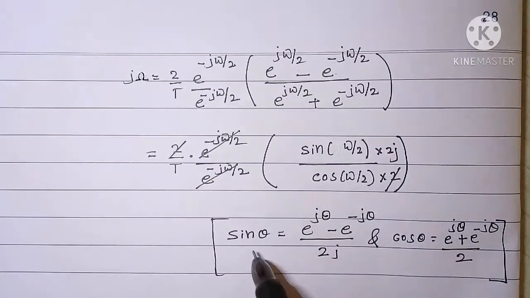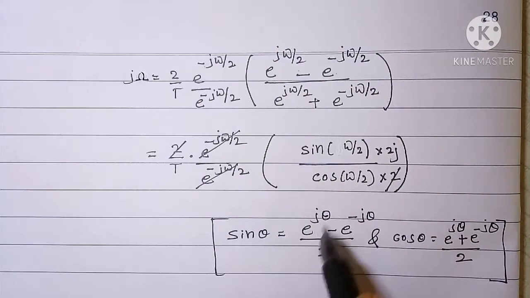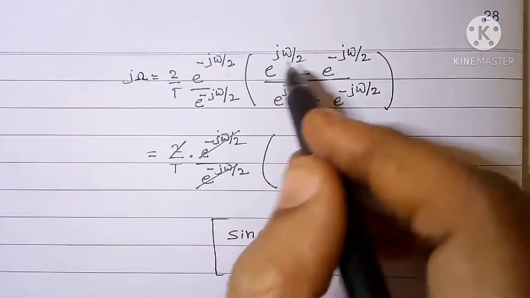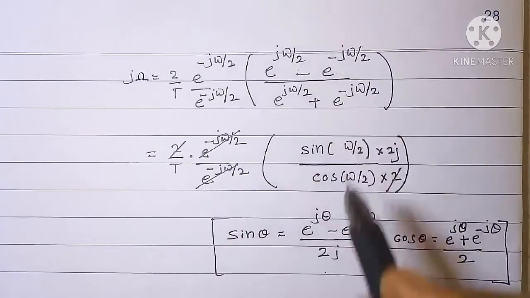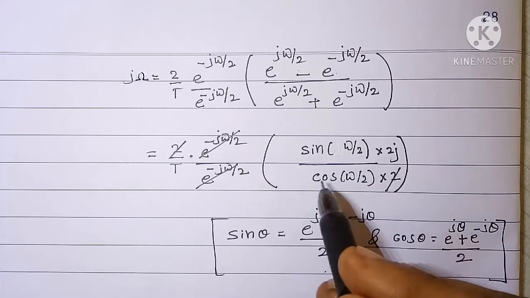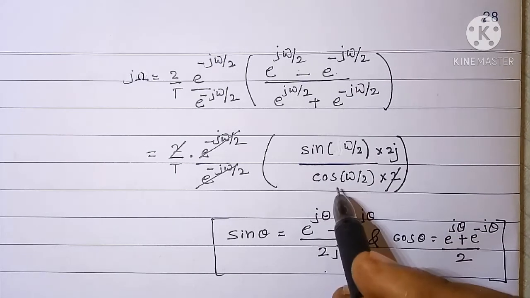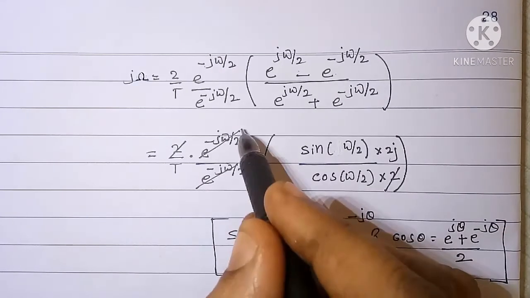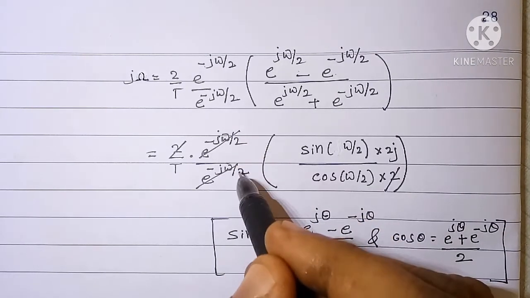Now, using sin theta equal to e raised to j theta minus e raised to minus j theta by 2j, and cos theta equal to e raised to j theta plus e raised to minus j theta by 2, we can write numerator and denominator here as sin of omega by 2 into 2j by cos of omega by 2 into 2. E raised to minus j omega by 2 will cancel.